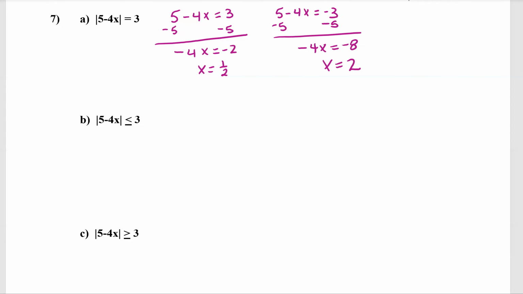B, we have less than or equal to 3. If you already know the endpoints, then you already know the answer, but I'm going to work this one out anyway. So we're going to have -3 is less than or equal to 5 minus 4x is less than or equal to 3.